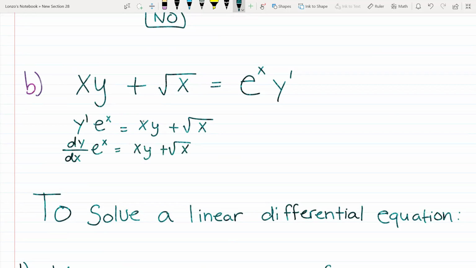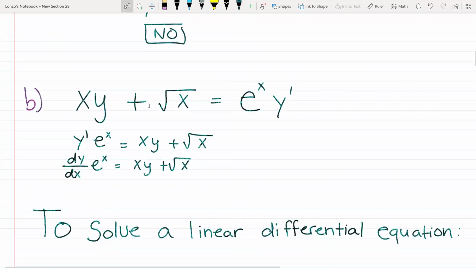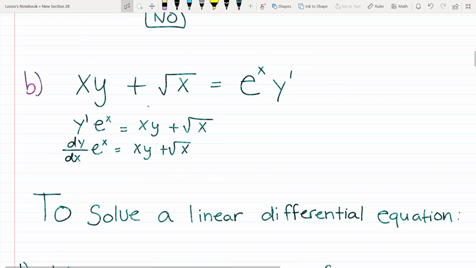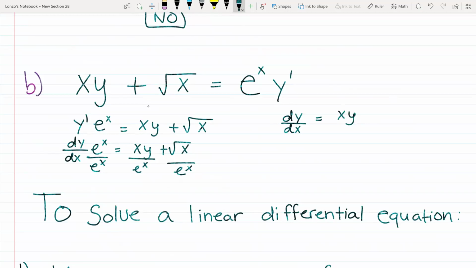In order to put it in this form, I have to get dy dx by itself, so I have to get rid of this e to the x. To do so, I'm going to divide everything by e to the x. On the left, you're left with dy dx equals x y over e to the x plus square root of x over e to the x.